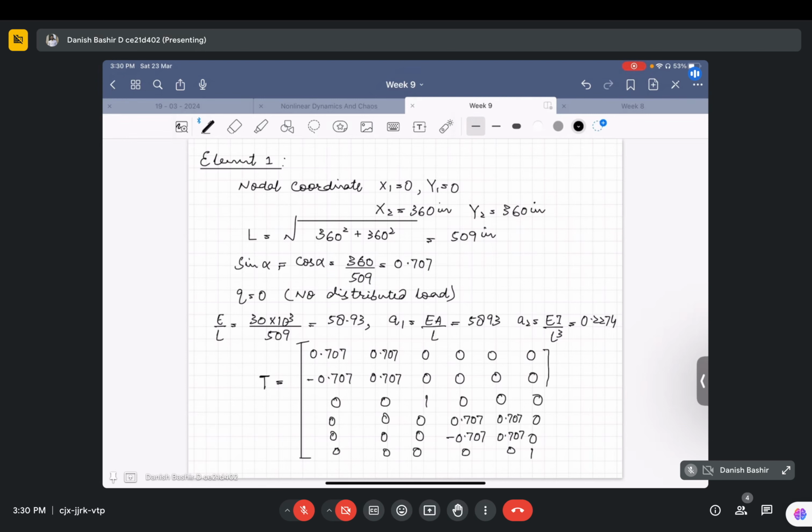This is a transformation matrix for turning the whole system from local coordinate system to global coordinate system.